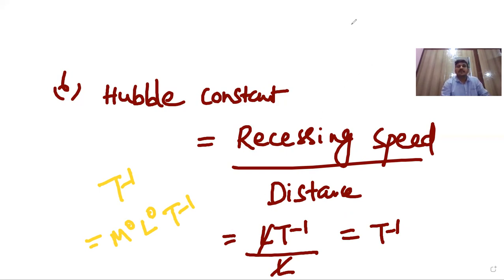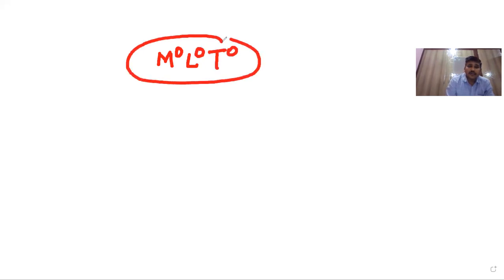Okay. Let us see the physical parameters which have a dimension formula of M to the power of 0, L to the power of 0, T to the power of 0. That means no dimensional formula at all. Let us see them one by one. First one I am taking up is strain. What is strain?